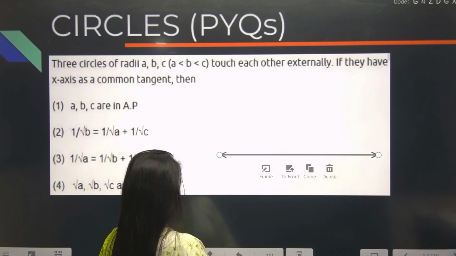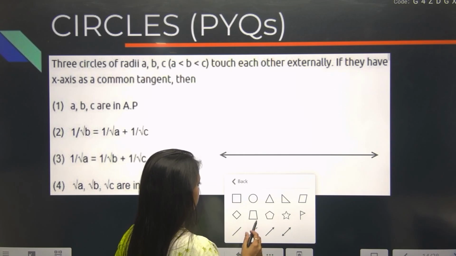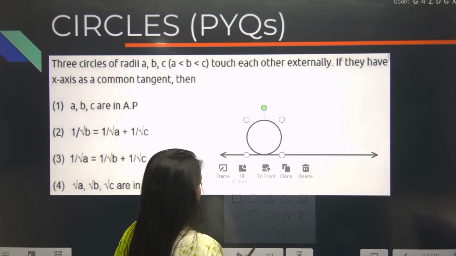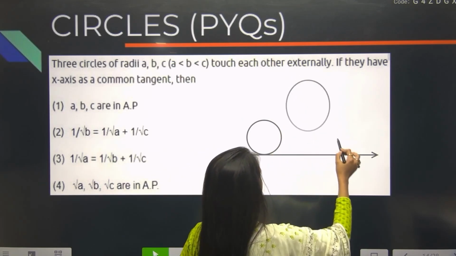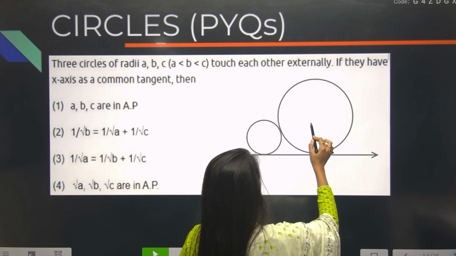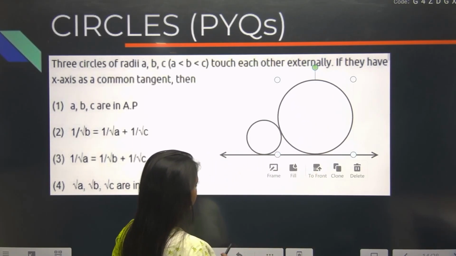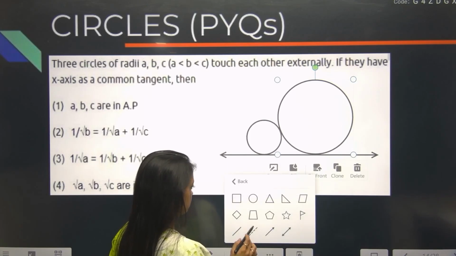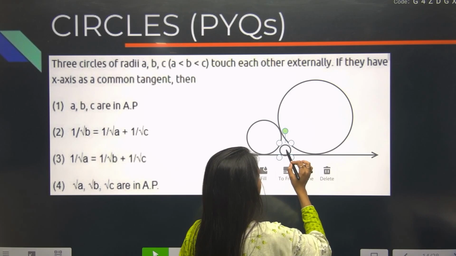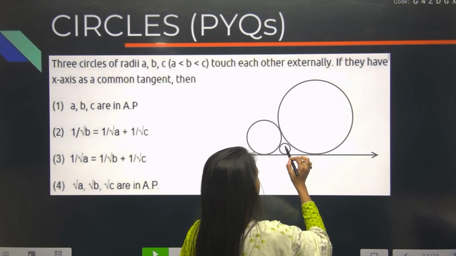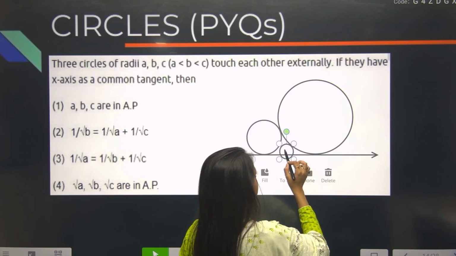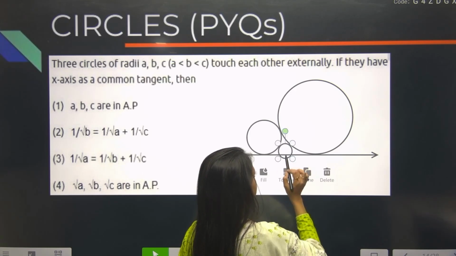So this is your x-axis, so maybe it is of this form. A circle here, and then a circle here, right? And then there will be a circle over here. This is the only possibility you can have. Yes or no? You cannot make any circle at any other point.